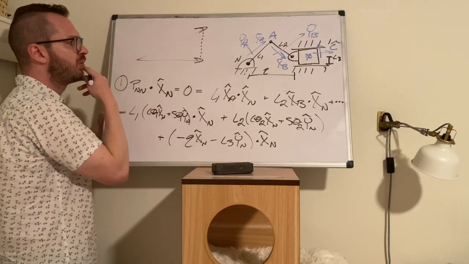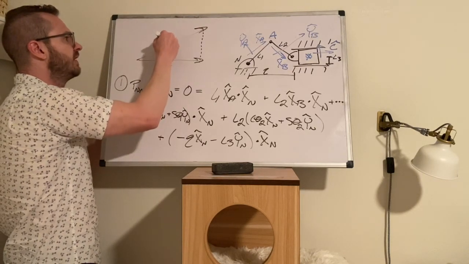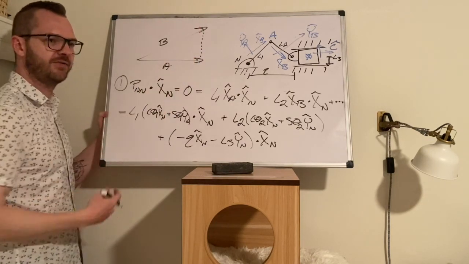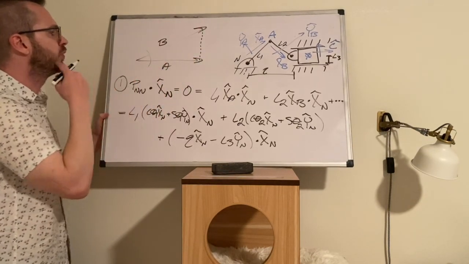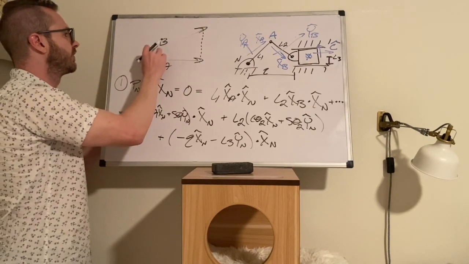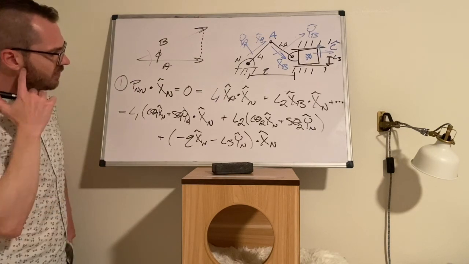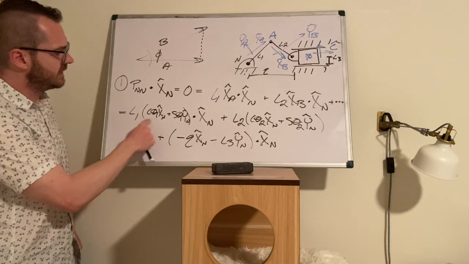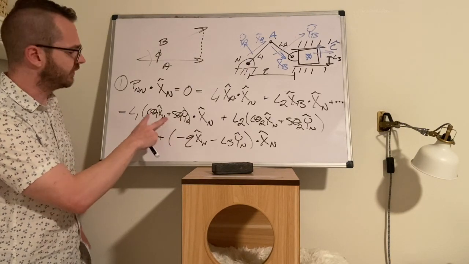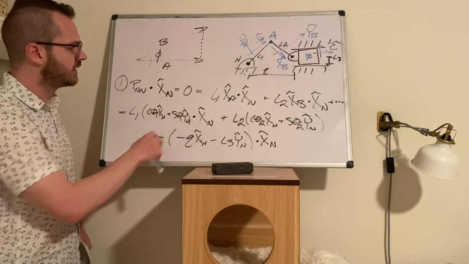Let's say this is A and this is B. It's like saying what portion of B gets projected down onto A. And sometimes people will say, oh, it's the cosine of the angle between. So whatever this angle is, it could be the cosine of that. And that's fine. In this case, we've broken it into its projections already, right? We've said, here's the x hat N portion, here's the y hat N portion.